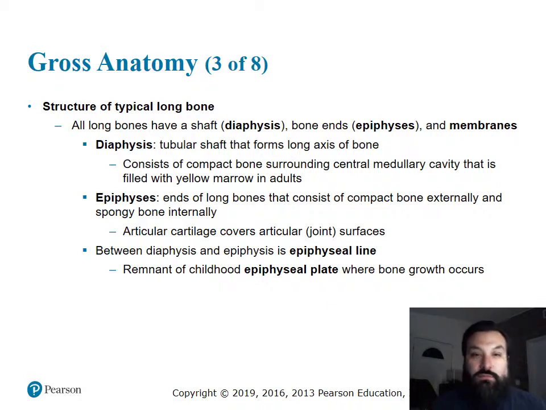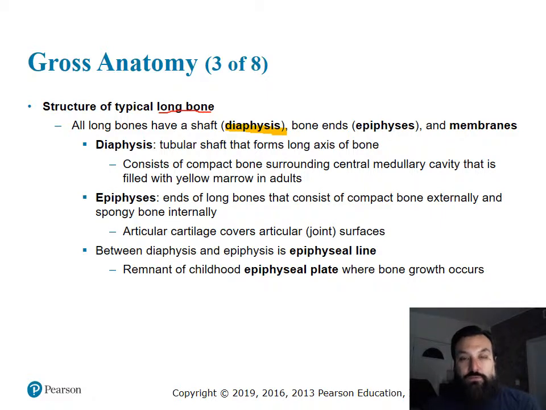Okay, so let's look at the gross anatomy. We're still on gross anatomy, but we're going to take a look at the major anatomical names of bone themselves. In particular, we're looking at long bone now. When we're looking at long bone, we see that all long bones have a shaft. We call that shaft the diaphysis.